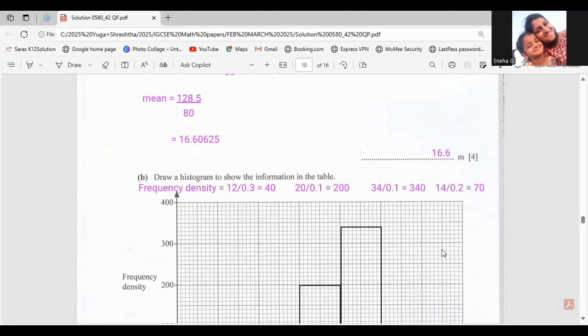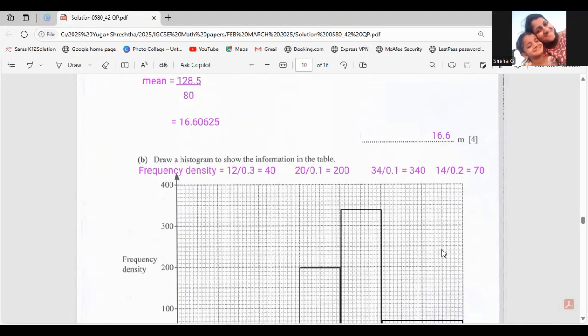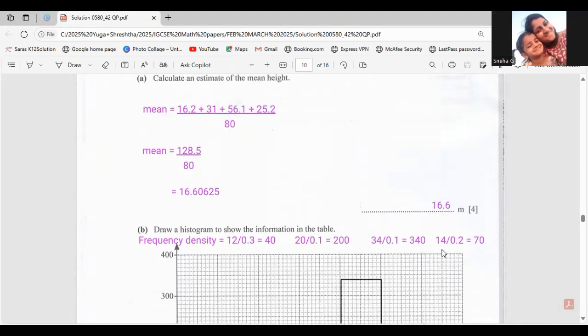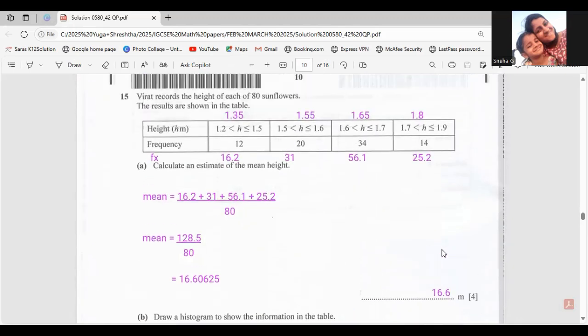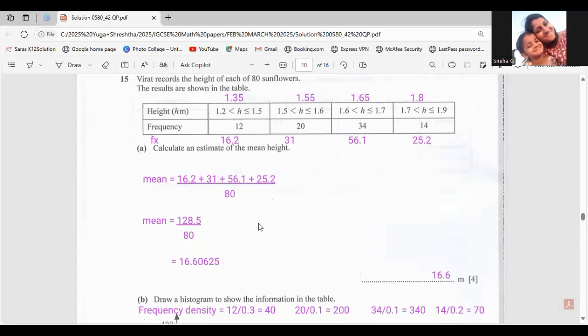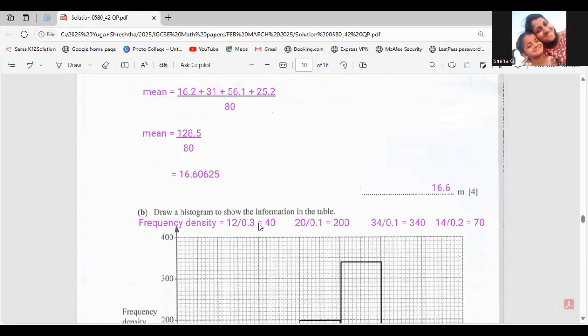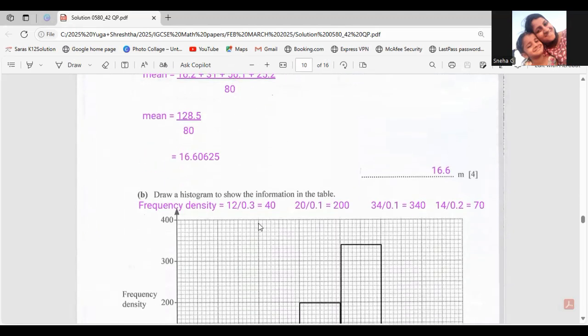The first group had a frequency of 12, and the difference between the two readings in the group was 1.5 minus 1.2, that is 0.3. So the frequency divided by the class width gives us 40.